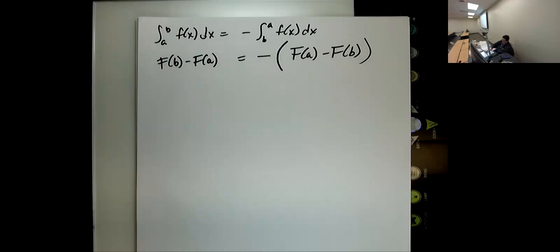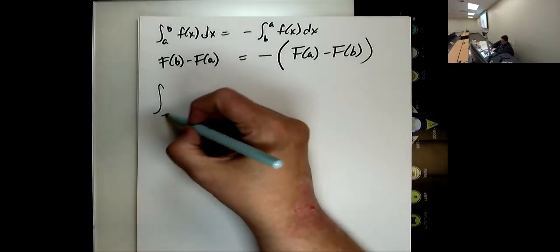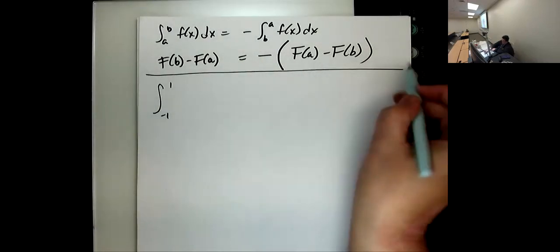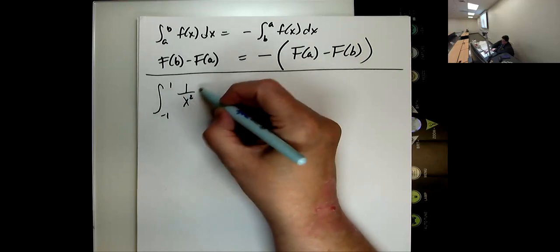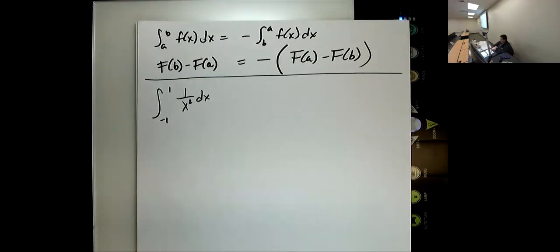What if we had the integral from -1 to 1 of 1 over x squared dx? We actually can't do this yet.